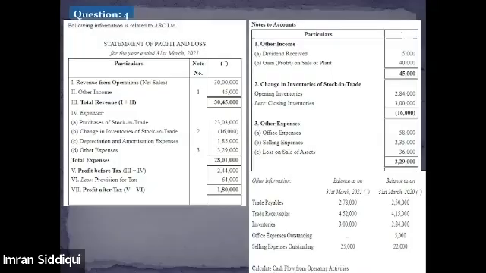After that, we have selling expenses which increased from 22,000 to 25,000. So we'll have to add that. Trade payable increased from 2,50,000 to 2,78,000.